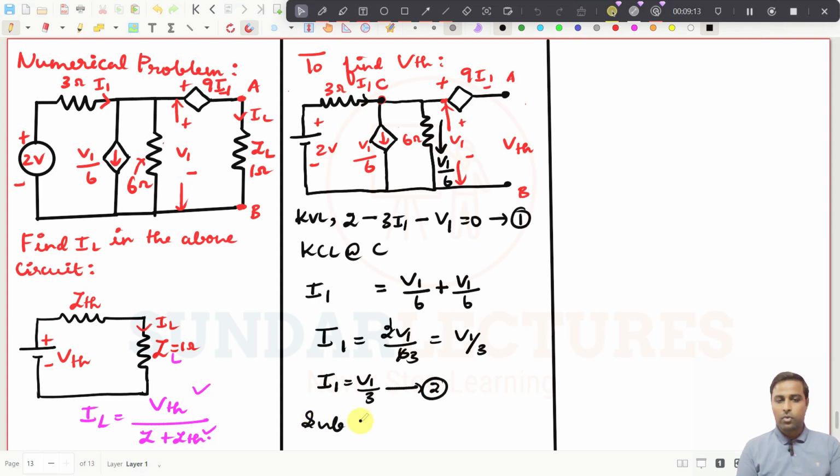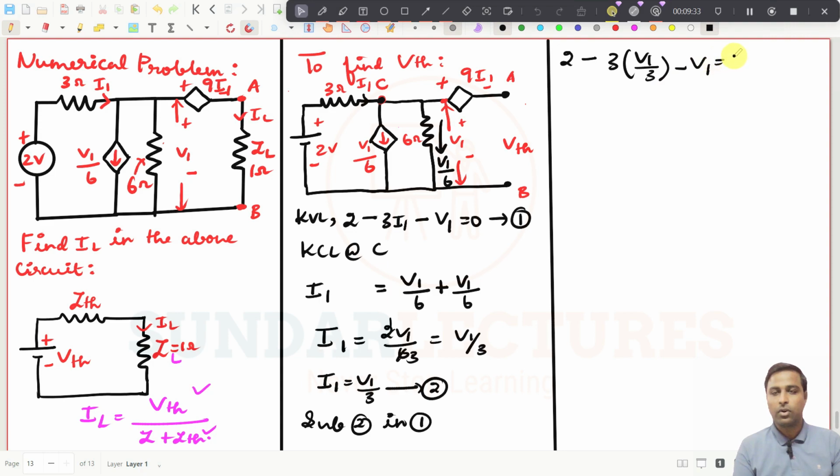Substitute now expression 2 in expression number 1. You just substitute I1 equals V1 by 3 in this expression. So what will you get? It will be 2 minus 3 into I1, which is V1 by 3, right? So minus V1, which is equal to 0.